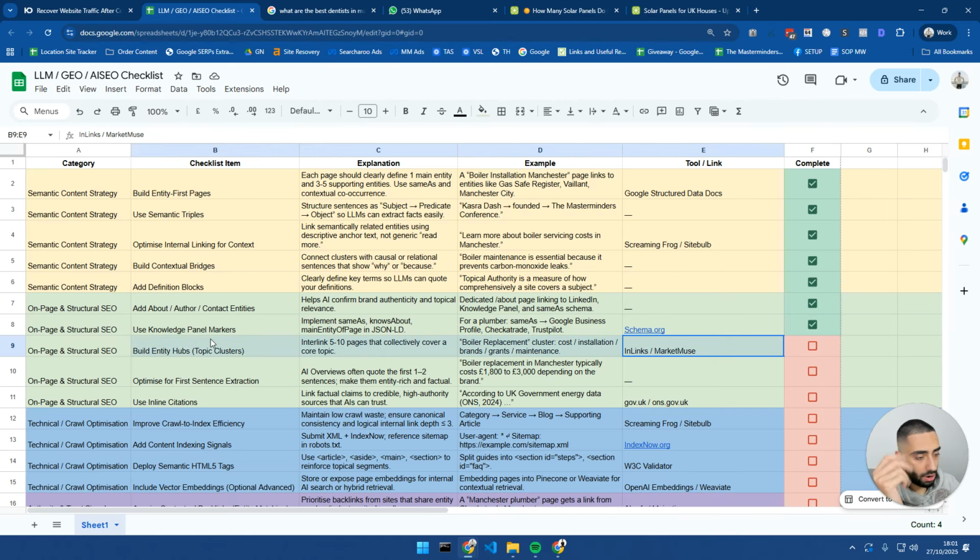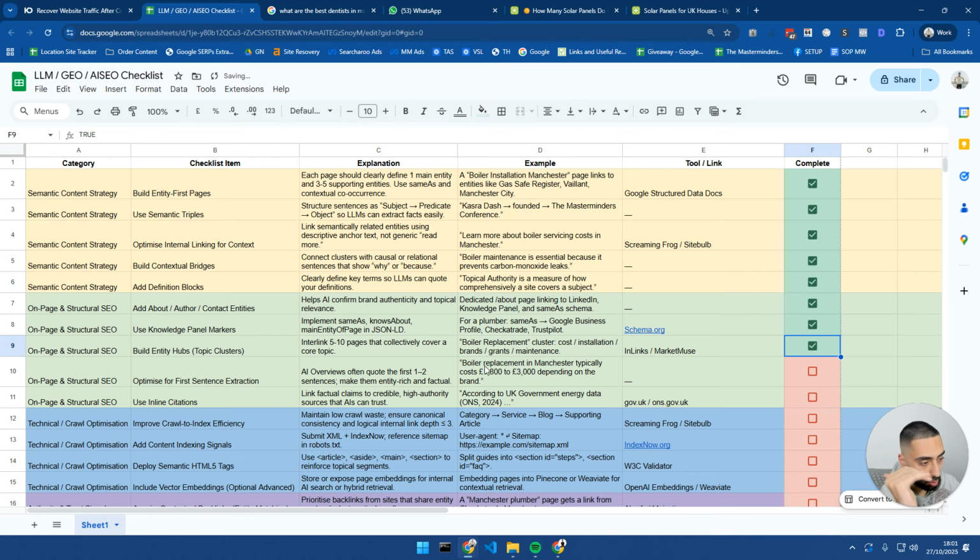So if you are able to demonstrate that you truly understand what you're talking about, whether it's SEO, whether it's on-page SEO, whether it's hiking, whatever the case is, LLMs and also Google will be able to cite your website a lot more.